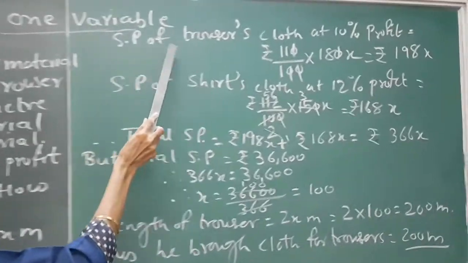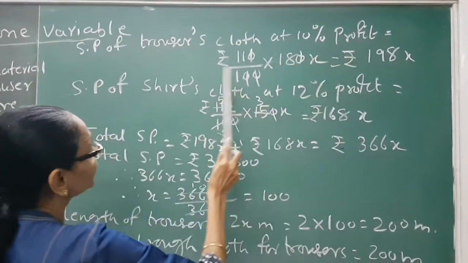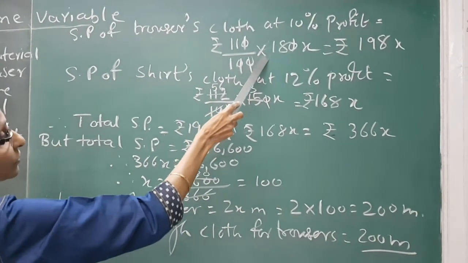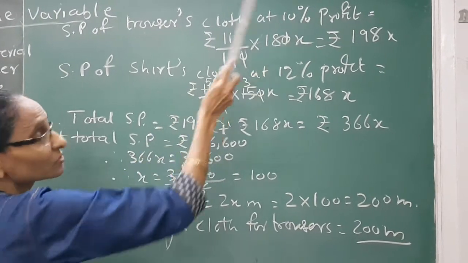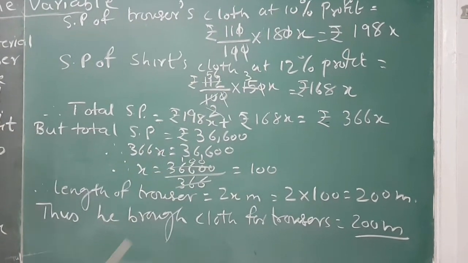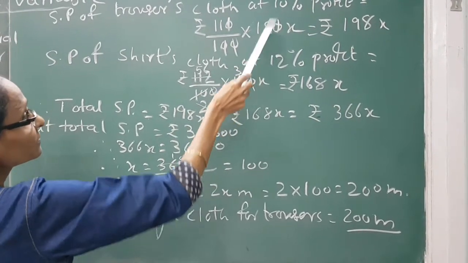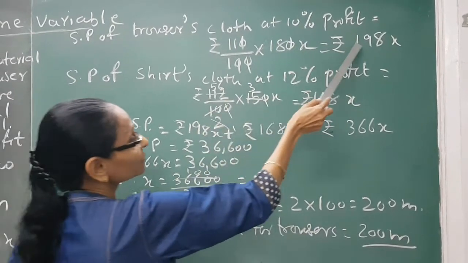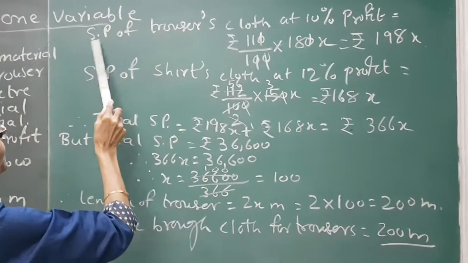Now the SP of trouser cloth at 10% profit is equal to ₹110 upon 100 into 180x. This 110 is 100 plus 10 because it is 10% profit. So 110 upon 100 into 180, zeros gone, 11 into 18 is ₹198x. This is the SP of trouser. SP is what?